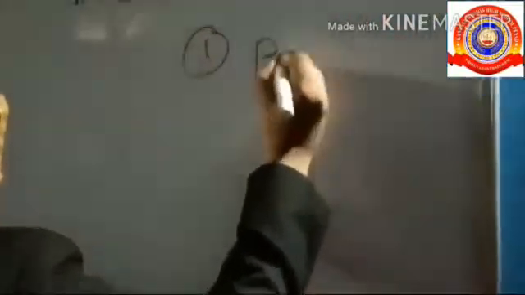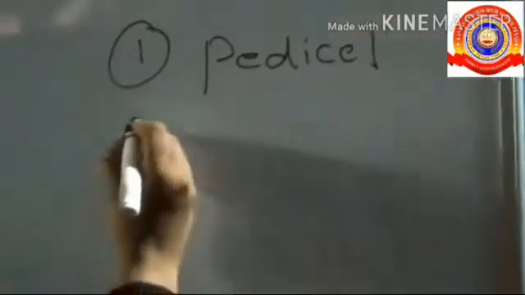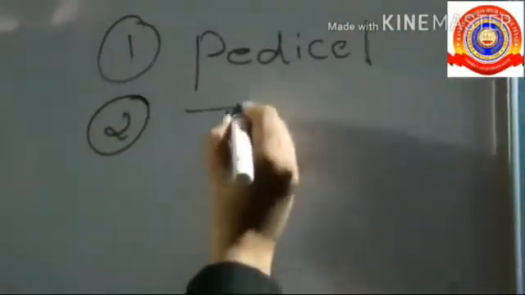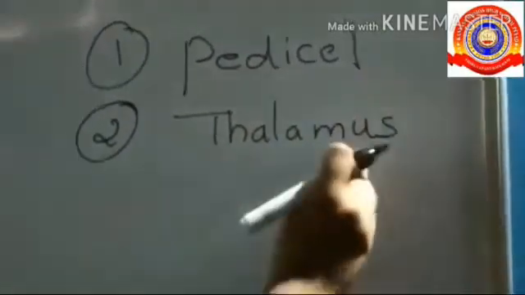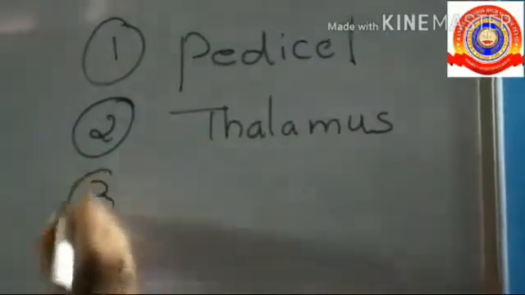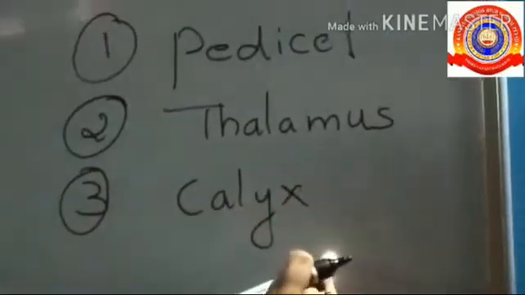Do you understand? Flower has 6 parts. Which are they? The first one is pedicel. The second one is thalamus. The third one is calyx.